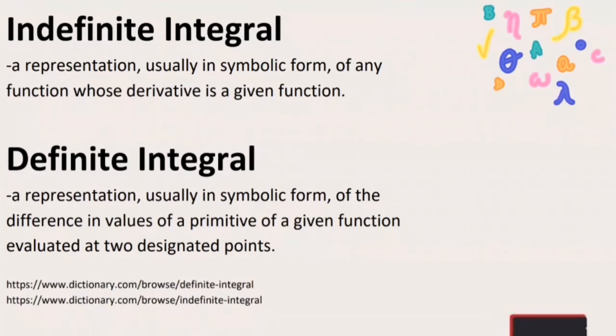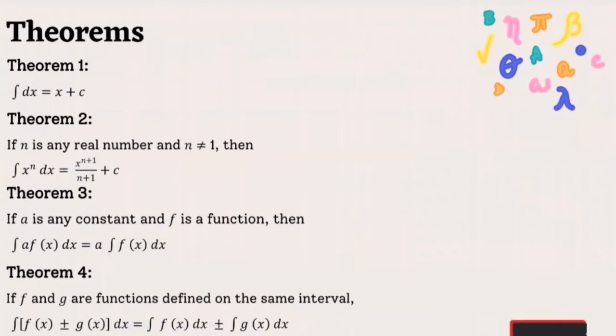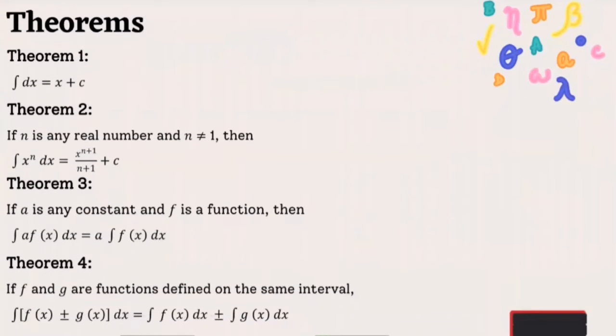Now moving on, we have the four fundamental theorems of integral calculus. So the first theorem is the integral of x is equal to x plus c. And the next theorem is theorem 2, which is called the reverse power rule. This rule tells us how to integrate expressions of the form x to the power of n when n is not equal to negative 1.